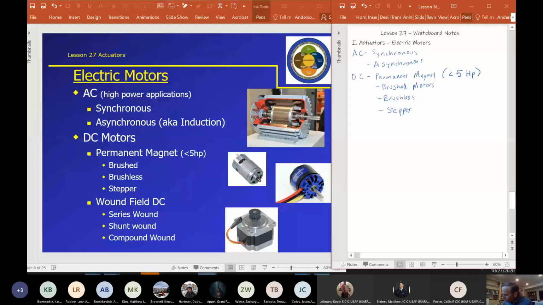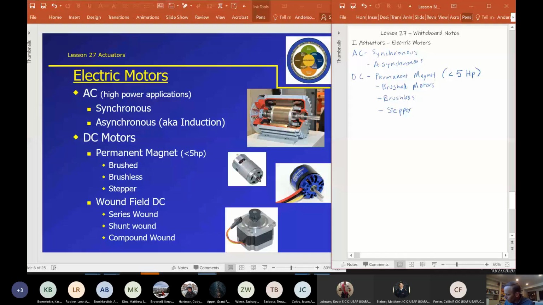On the other hand, you could have what's called a wound field motor. We'll talk about those next lesson. You have two sets of coiled wires, and they're both creating their own magnetic field, and those interact together. With wound field motors, there's a couple different types.